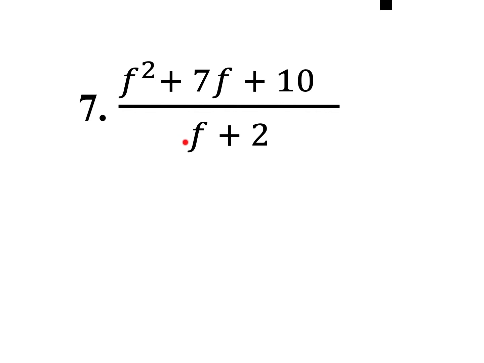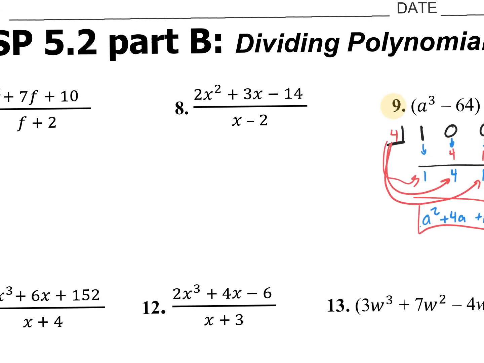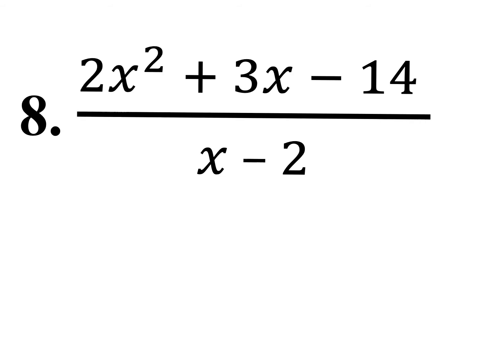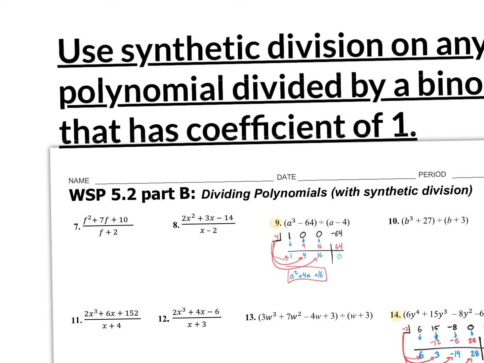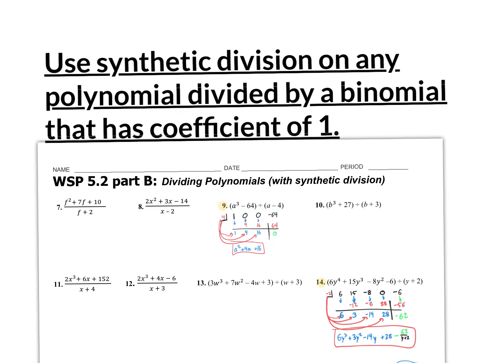A 1, right? So if you have a polynomial divided by x plus 2 or x minus 5 or a minus 3 or a plus 4, right? Any single letter added or subtracted with any number, use synthetic division. Okay? So we're using synthetic division on any polynomial divided by a binomial that has a coefficient of 1.